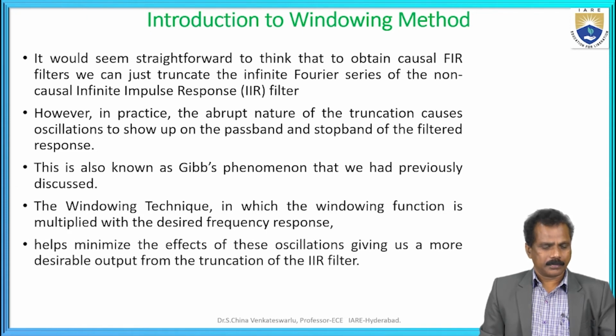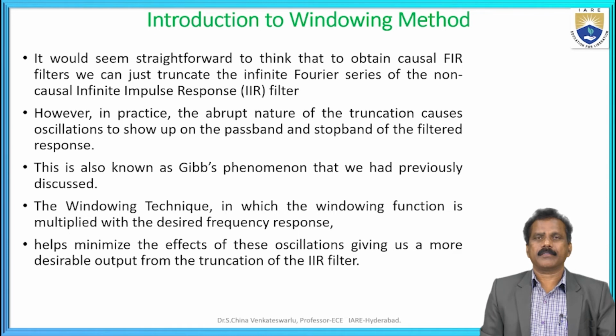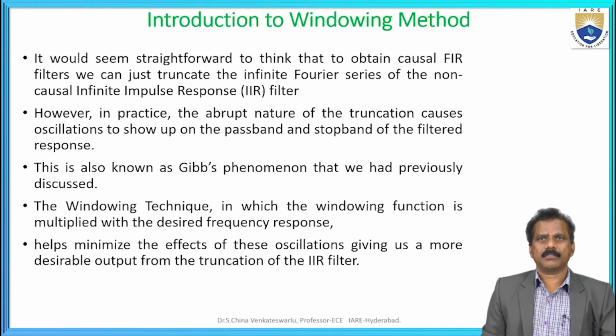This helps minimize the effect of these oscillations, giving a more desirable output from the truncation of the recursive filter, that is the IIR filter. This is the basic fundamental related to the windowing method, while we are using it to link IIR and FIR digital filters.